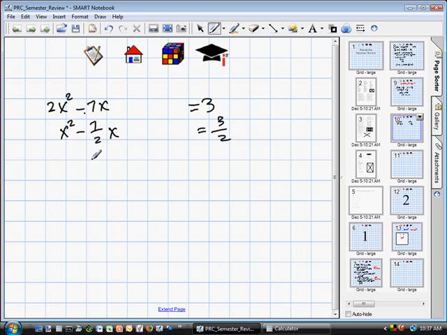Now take half of the b term, which would be 7/4, squared, which would be 49/16. And now you could go ahead and complete the square.